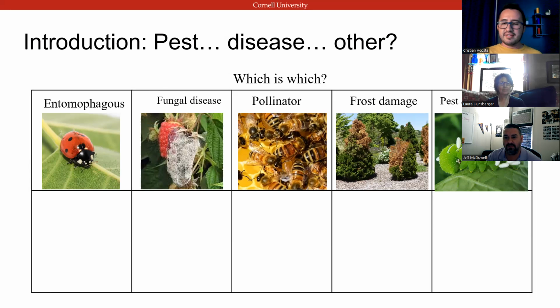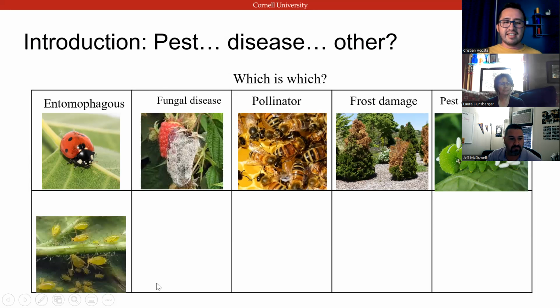Now we have another one here, and it's these little green tiny insects that we sometimes have in our tomatoes, our beans, and many crops, and there can be a lot of them. They can be just this green color or even black ones. It looks like aphids. You think it's a pest?